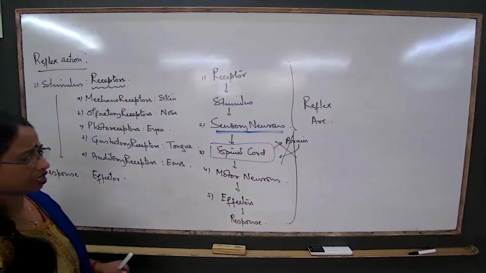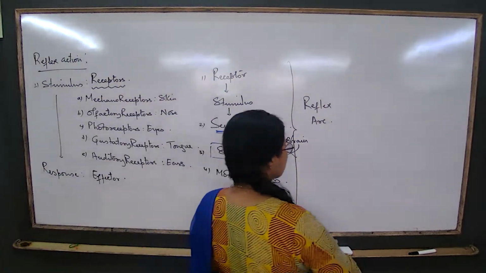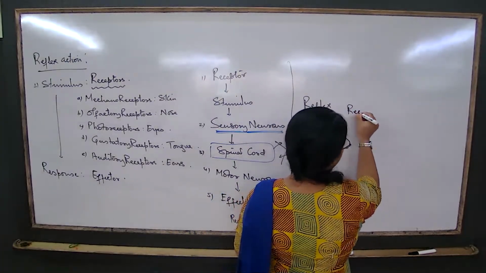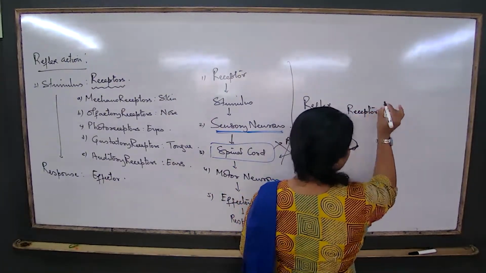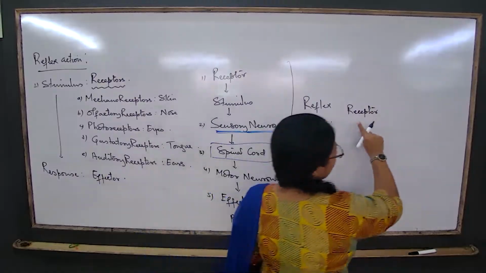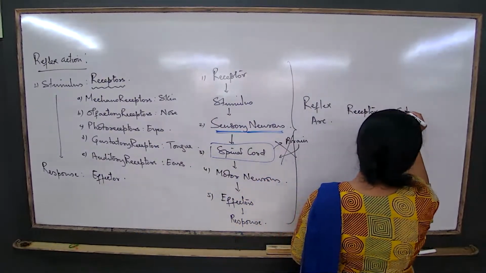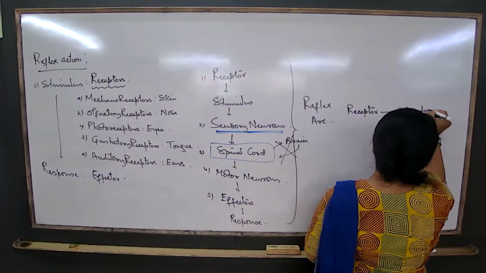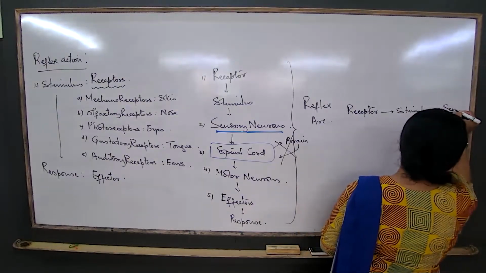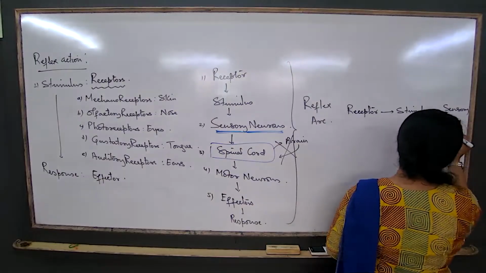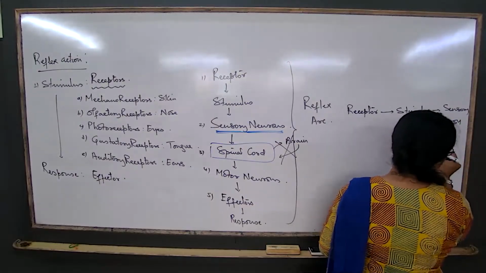Why is it known as a reflex arc? Because the pathway always goes like this. Write down this pathway along with the answer also, the same thing, but in the form of an arc it has to be written. Receptor, stimulus, sensory neuron, the spinal cord.